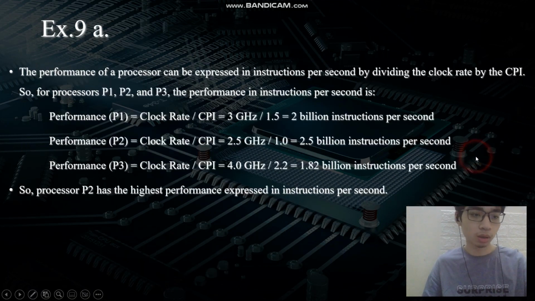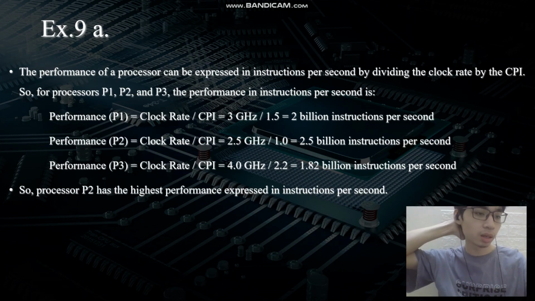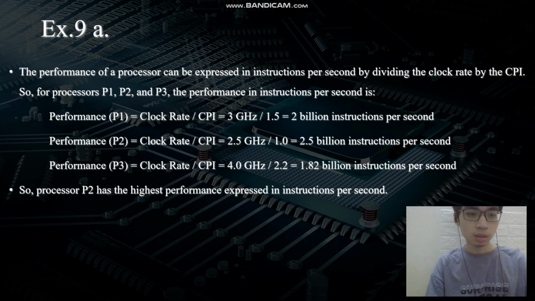And for exercise 9, for part A, first I calculate the performance of each processor by dividing its clock rate by its CPI. So I find that the performance of P1 equals 2 billion instructions per second, the performance of P2 is 2.5 billion instructions per second, and the last one is 1.82 billion instructions per second.